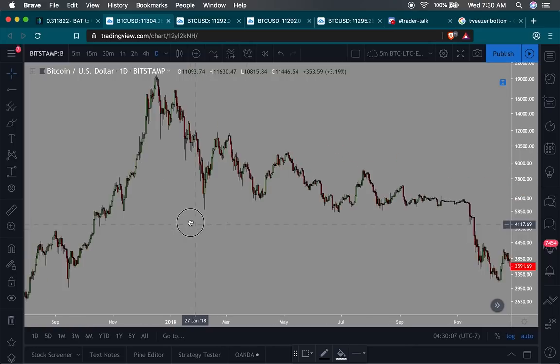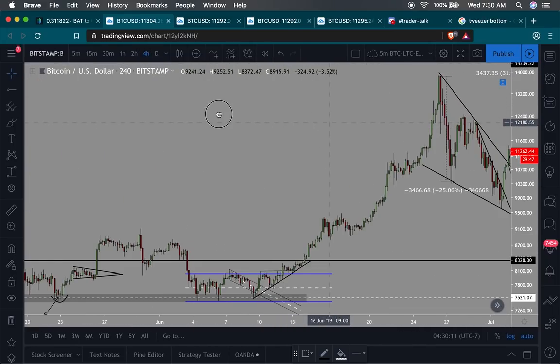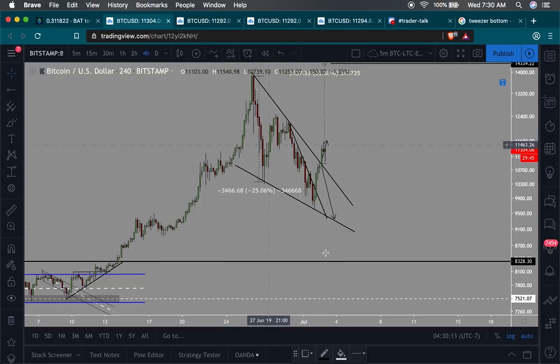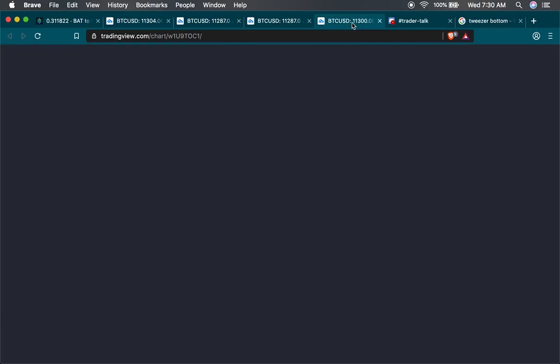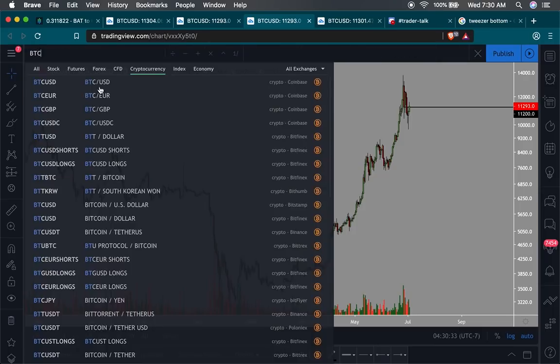So what I'm saying is we're coming extremely close to that area where we did put in a 30% breakdown, and now prices are looking to head back up, essentially continuing momentum.